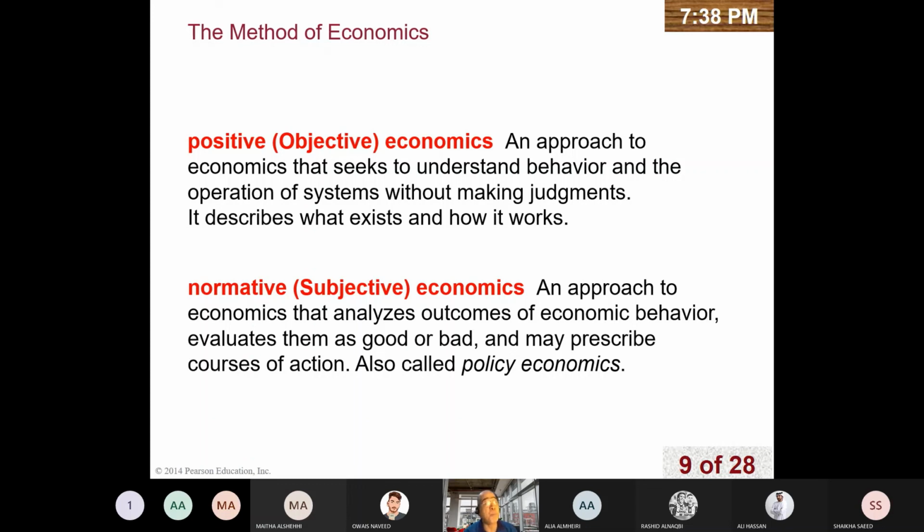So this is an opinion. I suggest the government should increase value-added tax from 5% to 10%. Why? Because the government will have more control over its budget and can spend more money to build modern infrastructure. So this is an opinion.